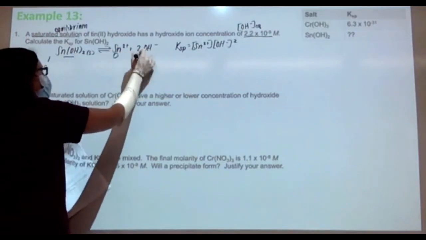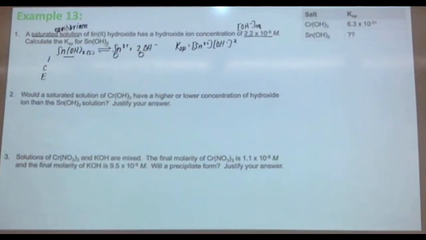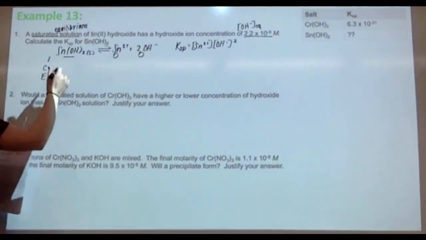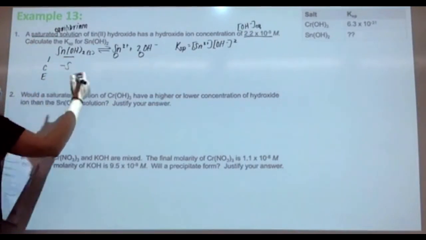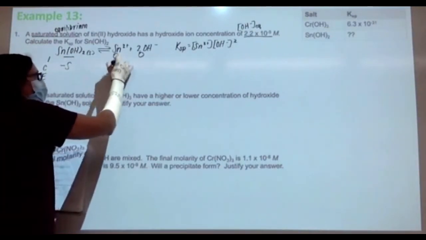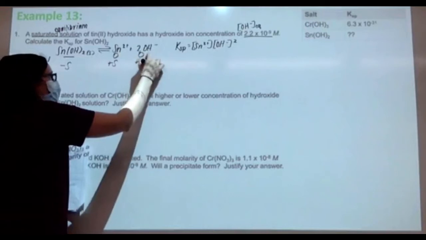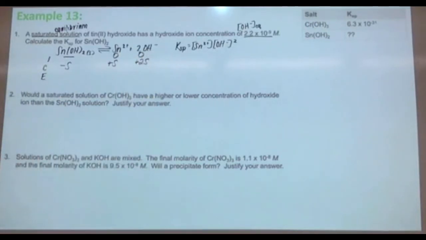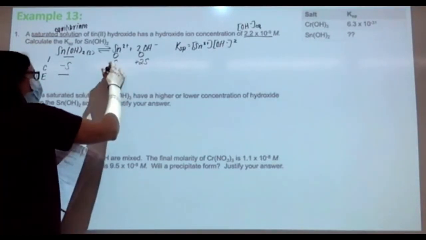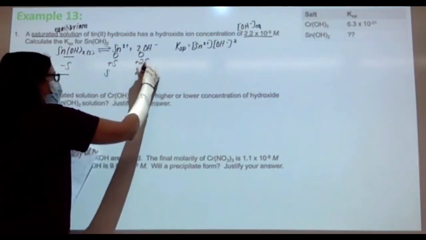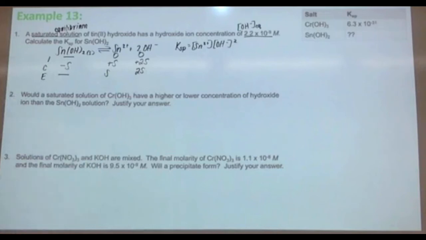So we're assuming that we start with 0 of each. A certain amount of solid dissolves, and we get a certain amount of ions. Again, I'm doing this just so we can review the stoichiometry that's involved. Doesn't matter how much solid we have at the end. So I have S and 2S.